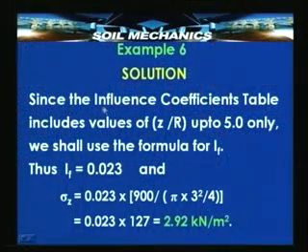In fact, here it does lie beyond the range of the table. So, since the influence coefficients table includes values of Z by R up to 5 only, we shall use the formula for computing IF.